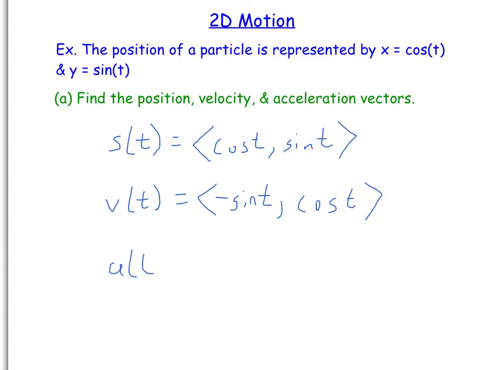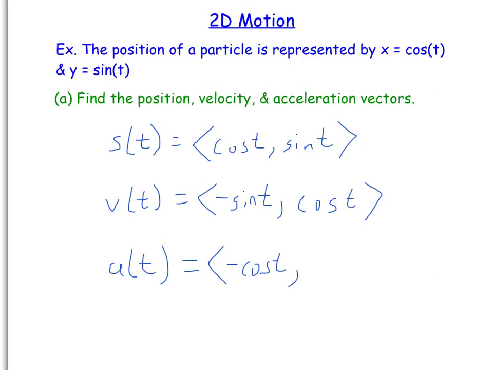And now, finally, for acceleration, it also has two components, and each component is essentially the derivative of the respective component of velocity. So for the x component of acceleration, we would differentiate negative sine t, and the derivative of negative sine t is negative cosine of t.